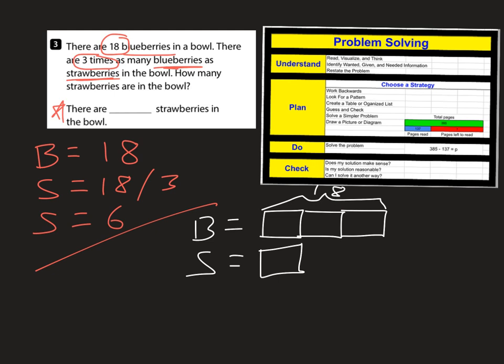So you're going to take 18 and split it up into 3 equal groups. My boxes are all the same, so I know my strawberries are going to be 6. There are 6 strawberries in the bowl, and blueberries are 3 times more than strawberries.